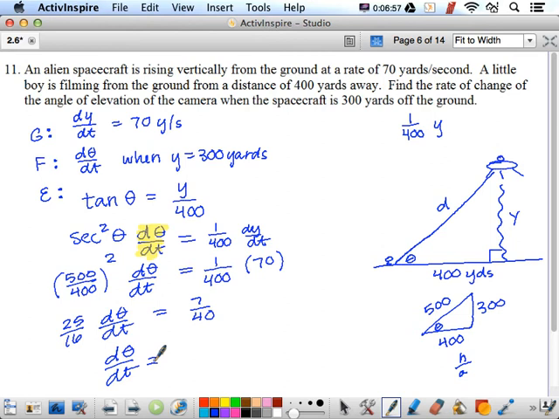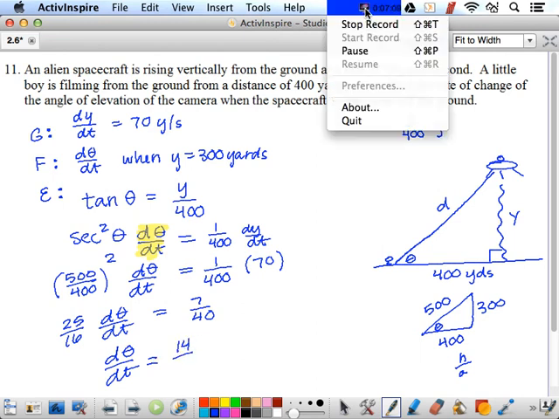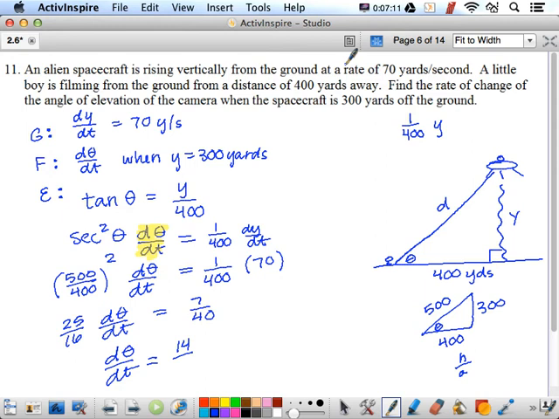So what is 7 over 40 times 16 over 25? 14 over 125. Everybody get that? And here's the thing about the units. For an angle in calculus, units are never degrees, they're always radians.